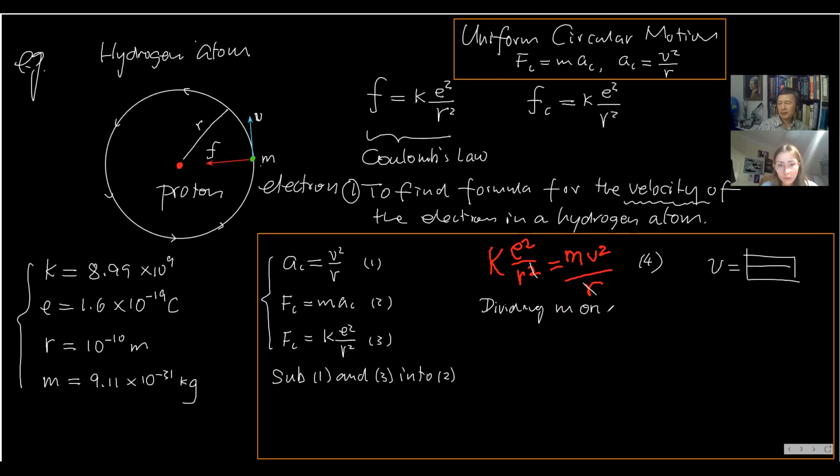Sometimes you write a short description to remind you what you're going to do. It's also a good habit to let the teacher or the reader know what you are doing. If you divide by M, what will be the outcome? V squared.